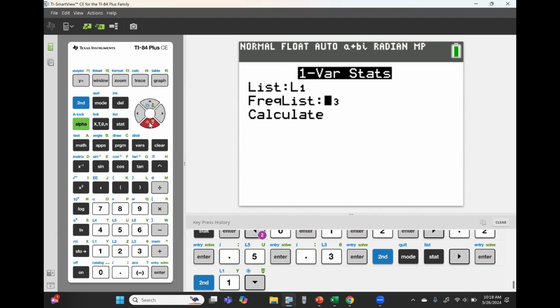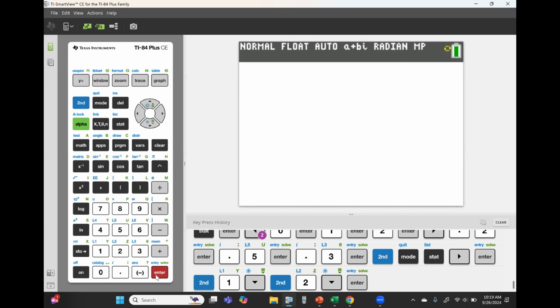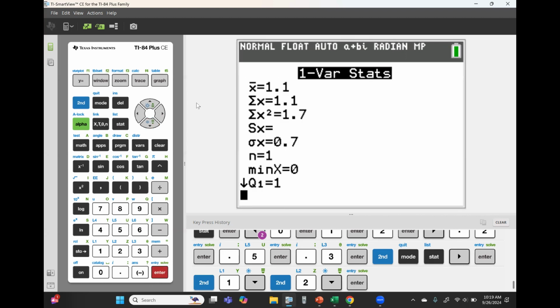And my frequency is my probability. That is my relative frequency. So that's going to be the probability, and I put that in L2. Same answer.